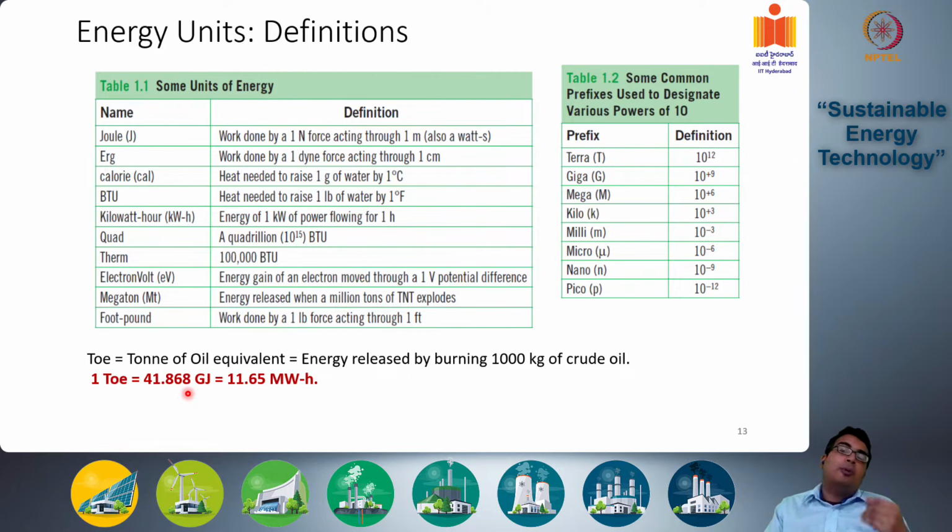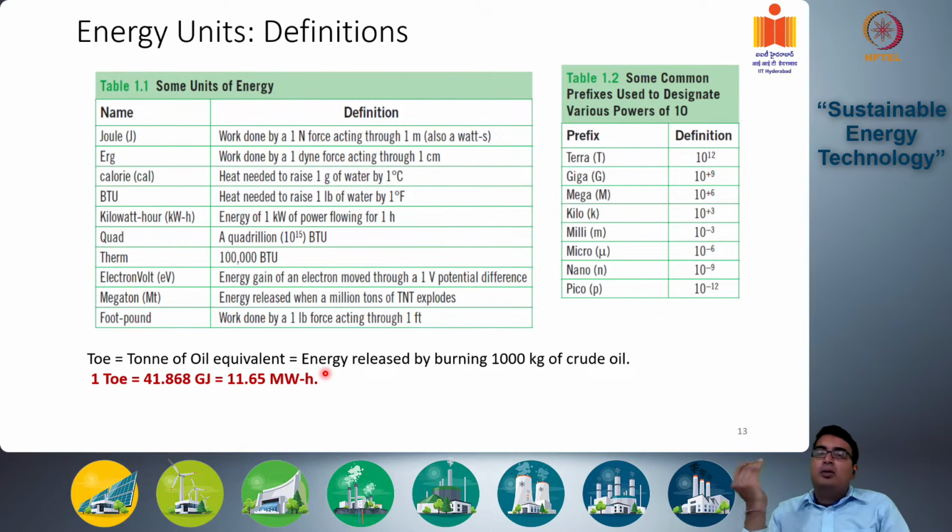Giga is 10 to the power 9. So 41.868 into 10 to the power 9 joules, which again converts to 11.65 megawatt hour. Okay, so 1 ton of oil equivalent is around 41.868 gigajoules, which is equal to 11.65 megawatt hour.